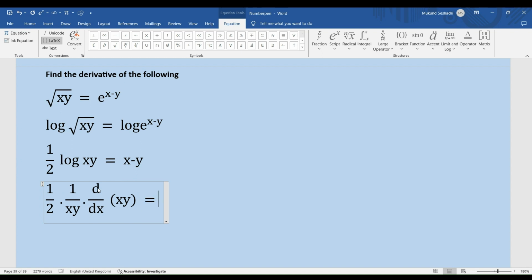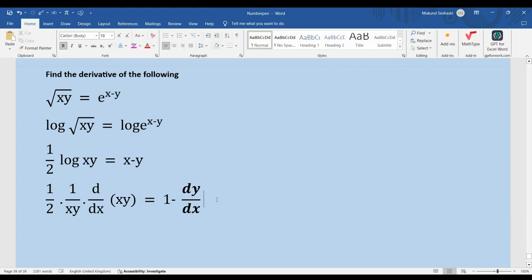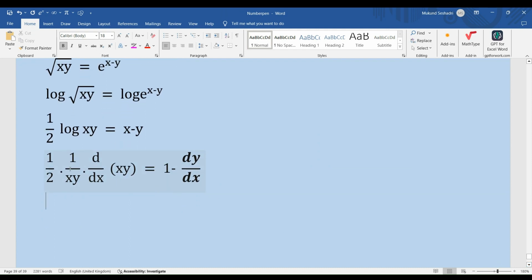And then I go to my RHS. My d by dx of x is 1, and then my d by dx of y is nothing but dy by dx, right? So I write it as it is. This is what I have. And then I go to the next step. I apply the product rule of differentiation to my LHS, right?